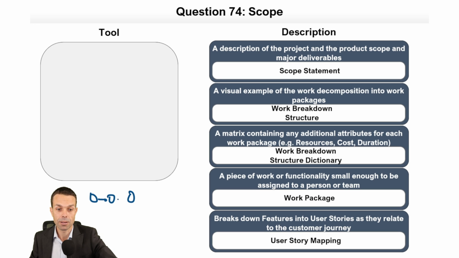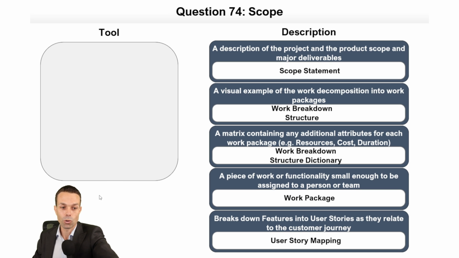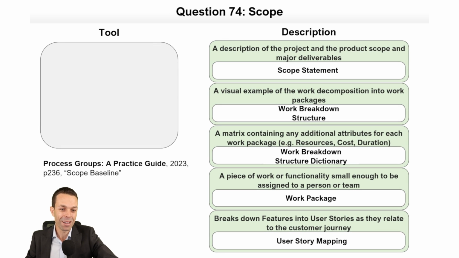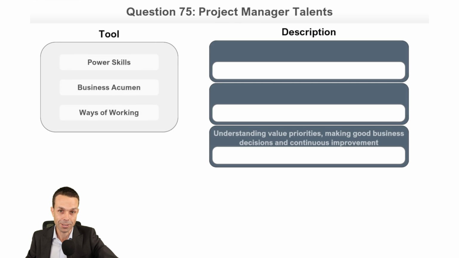They take this step, next step, and then we break this feature down into those user stories as they go along the customer journey. That's user story mapping. Let's quickly check. Okay, that is correct. Page 236, scope baseline for all of those scope items.